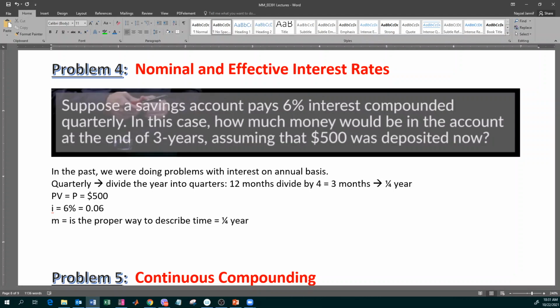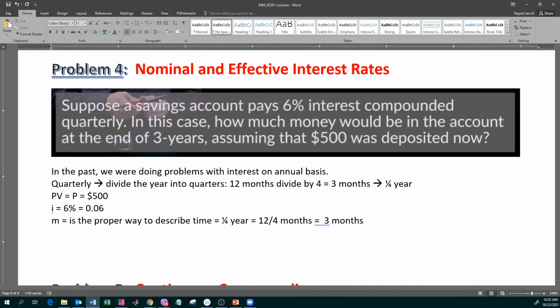That's the compounding time frame. The m is the compounding time frame, the point in time at which the bank pays the interest. So a quarter year is equal to 12 divided by 4 months, which is equal to 3 months. All right. So that's quarterly.